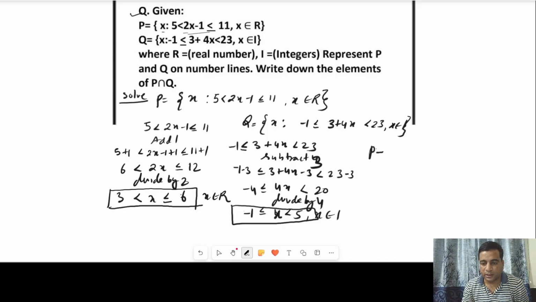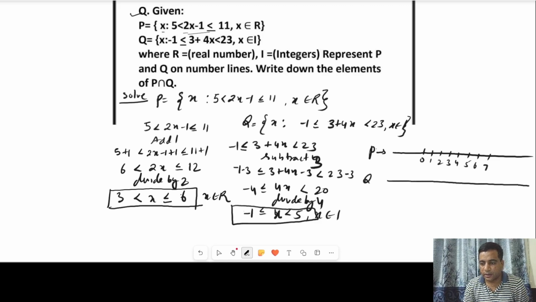So the graph of P: let this be the real line, 0, 1, 2, 3, 4, 5, 6, 7 and so on, and the number line for Q: 0, 1, 2, 3, 4, 5, 6, 7, and now it is -1.